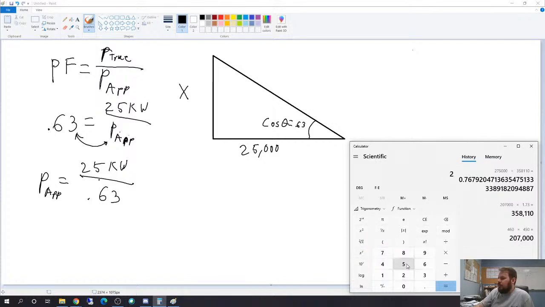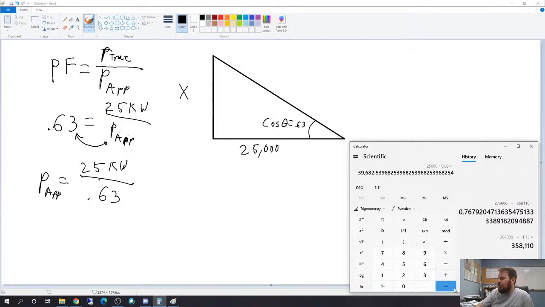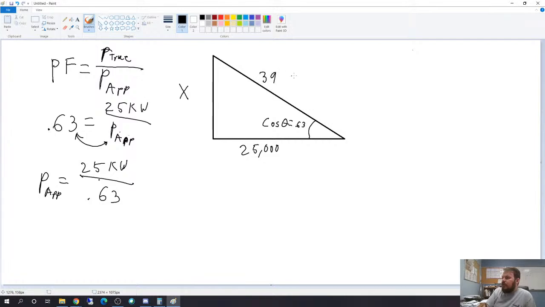We're really trying to figure out this side overall. That's our goal, to find out that side. So we're trying to figure out apparent power. Calculator, that's where we were. 25,000 divided by 0.63 gives us 39,682. That's volt amps. And to get to 95%, we'll just swap this.